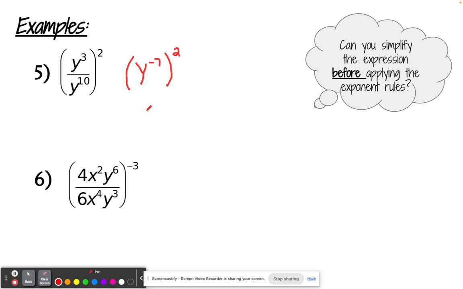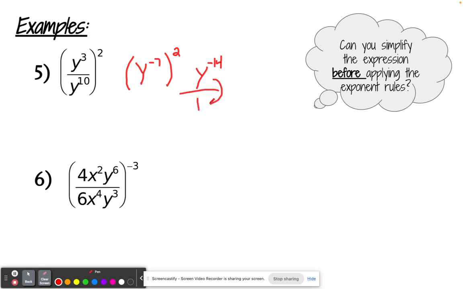Now I could move it downstairs, but I might just wait a little bit before I do that. Let me raise my power to a power first. That will give me y to the negative 14. Now that I have that, I know I don't have any other work to do other than moving things downstairs.